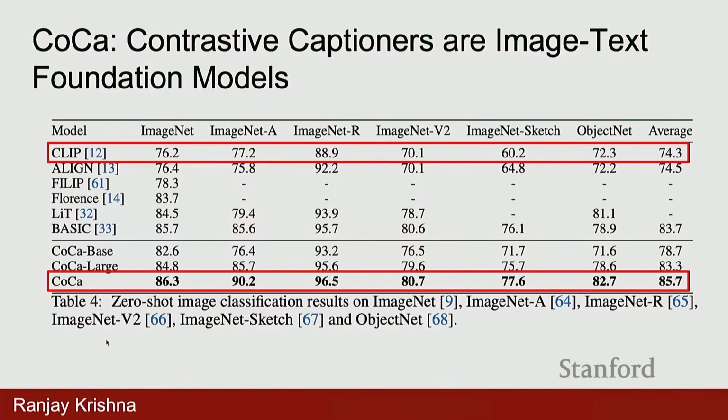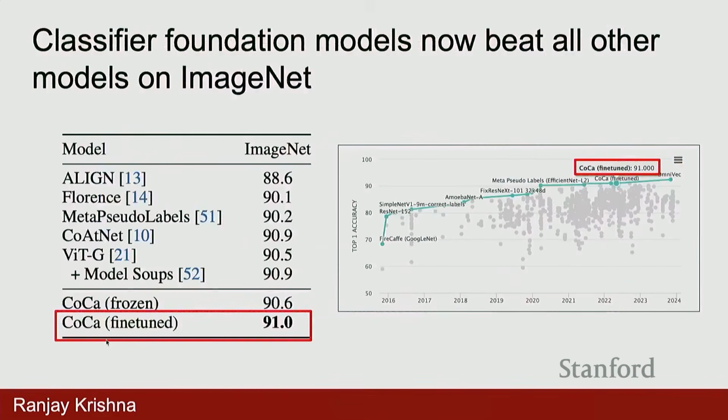When you compare CoCa to CLIP, its performance improves quite a lot across all the different ImageNet variants. And overall, there's like a 10% boost in performance across all of the data sets. And I think this was the first time where these sort of foundation models actually beat all the models that we had trained from supervised learning.